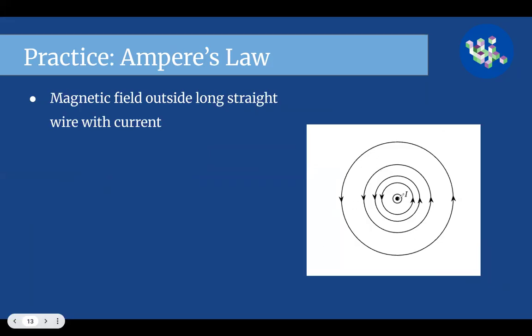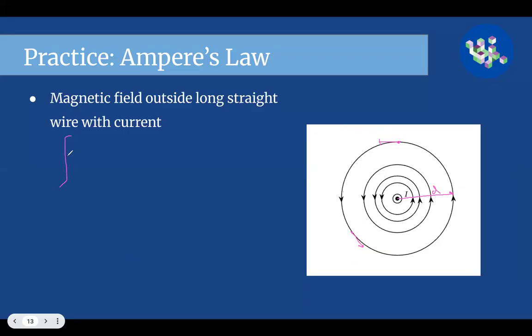If I want to find the magnetic field at distance d away over here, because there is symmetry, I know that along this circle the magnitude of the magnetic field is constant, and the magnetic field always points tangentially to the circle. So if I look over here, the magnetic field will be pointing in this direction. If I go over here, it will be pointing in that direction, and their magnitudes are equal.